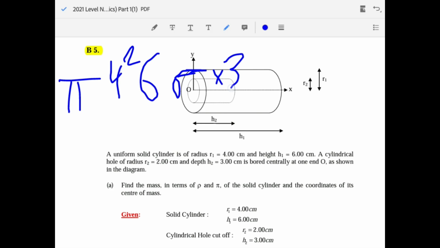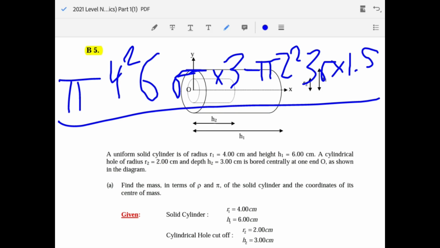So times 3 plus the smaller one. Well, not plus, sorry, minus, because you're removing it. Minus, what's the mass you took away? It's pi r squared times height, but r is 2 squared, times height, which is 3, sigma, and then the x value, which is half again. So this whole thing is 3, so it will be 1.5, times 1.5, and then over mass minus mass.